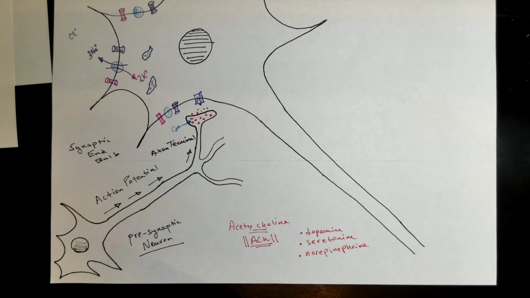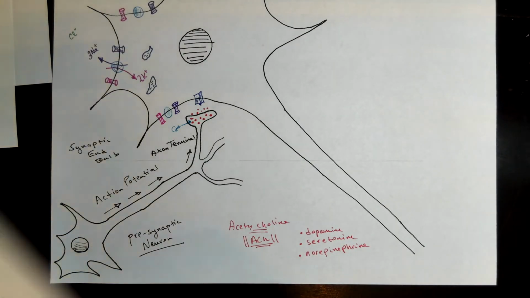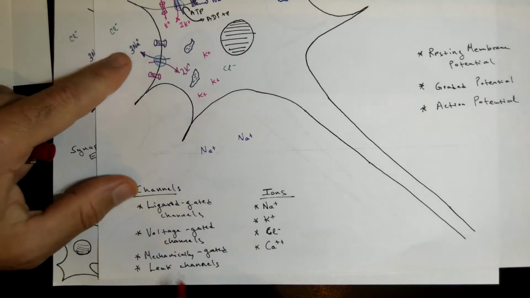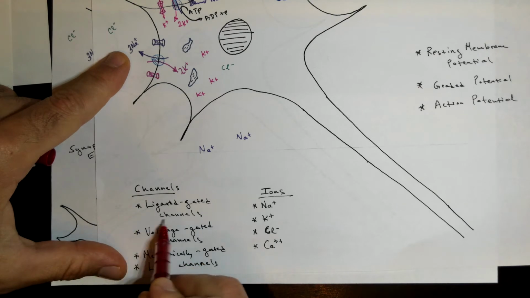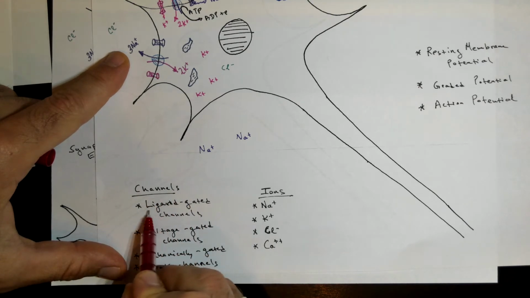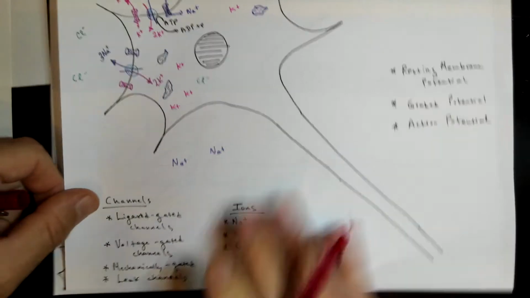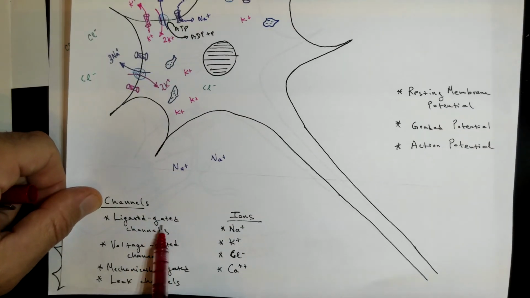And just as a reminder, looking at our first picture, what we want to talk about next, under channels, is this ligand-gated channel right here. Okay, now ligand just means a chemical, right? And in this case, the chemical is the neurotransmitter. So basically, gated means that it's closed, right?